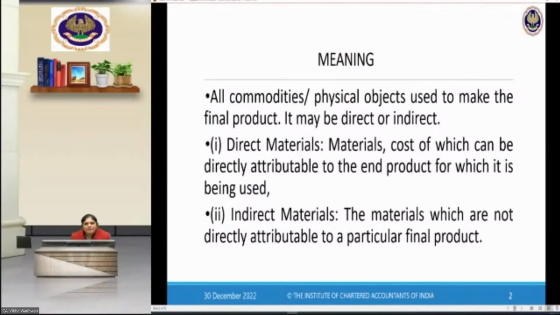At best they can be apportioned. That's again the difference between direct and indirect material. Direct materials are always allocated, and indirect materials are always apportioned, on some basis they are shared by all the products, all the departments, or all cost objects.